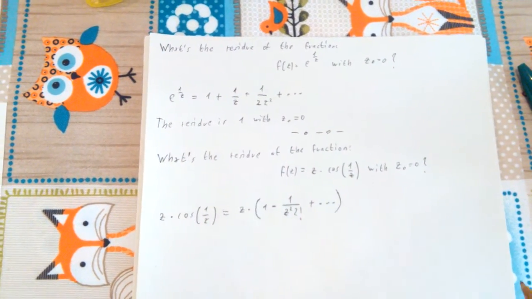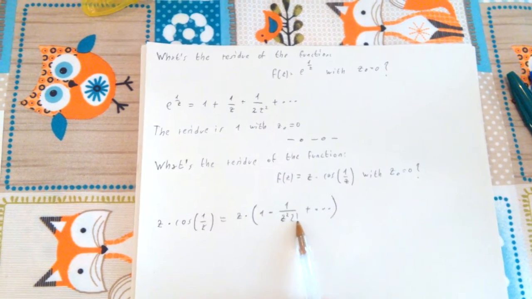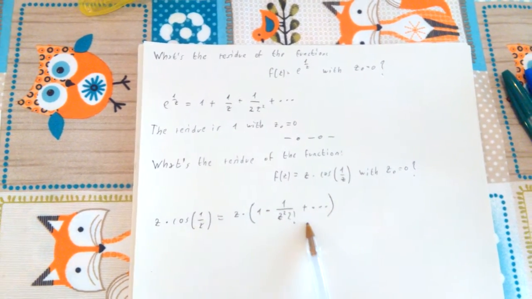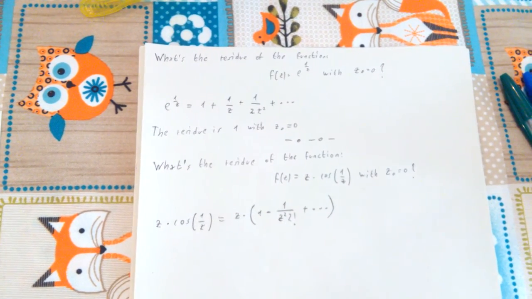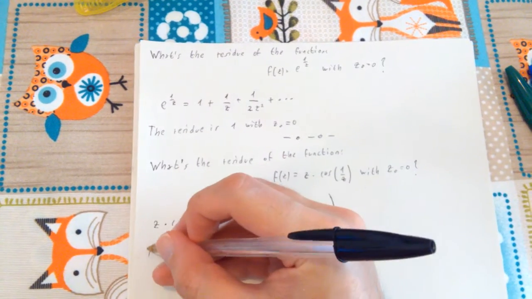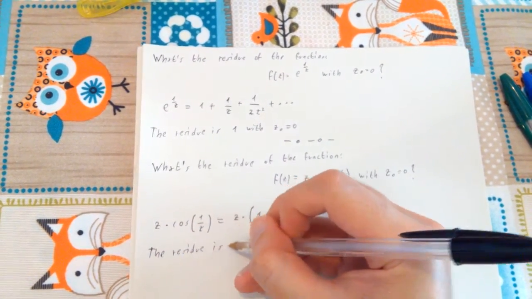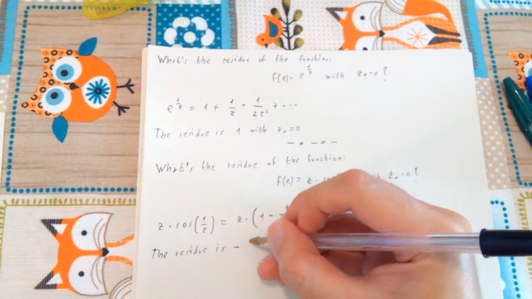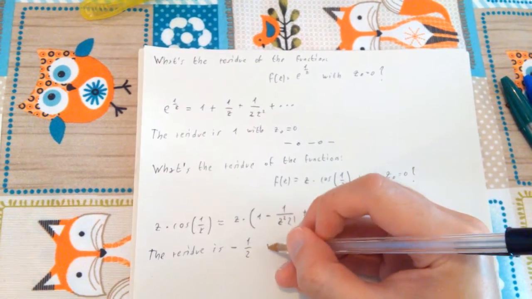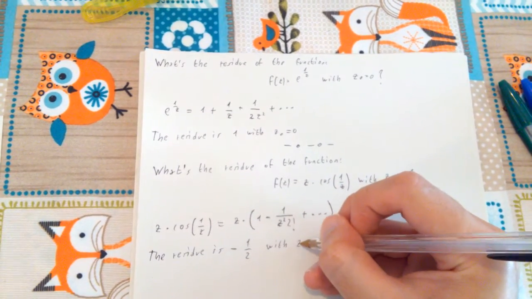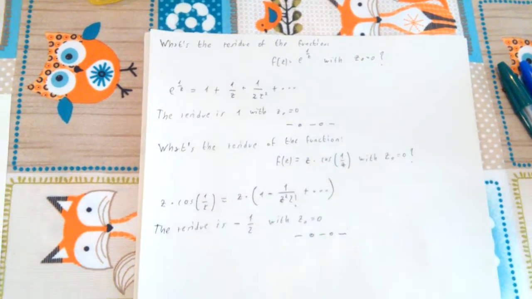This is the term I want. 2 factorial is 2 times 1, which is 2, so it's negative 1 over 2. So the residue is negative, because we have a minus here, 1 over 2, with z0 equal to 0.